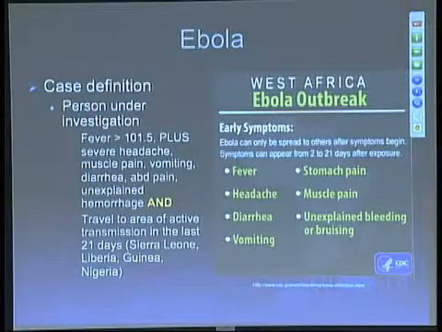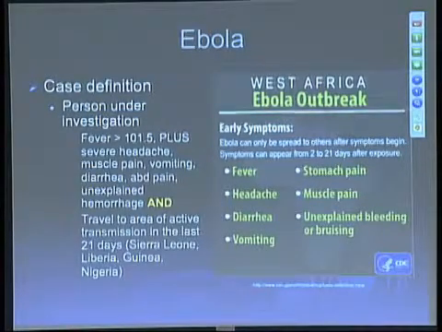The patient doesn't have to be alive because they will have the body fluids, they will have the droplets on their person, and of course, that's a worrisome part of the control.